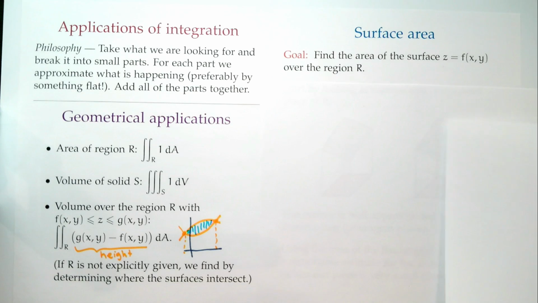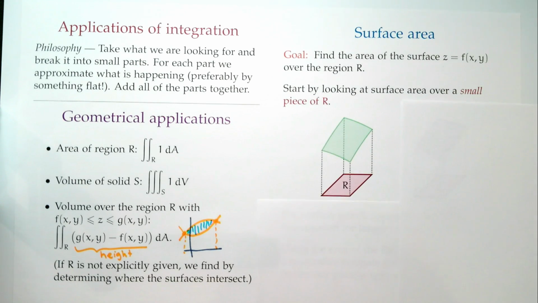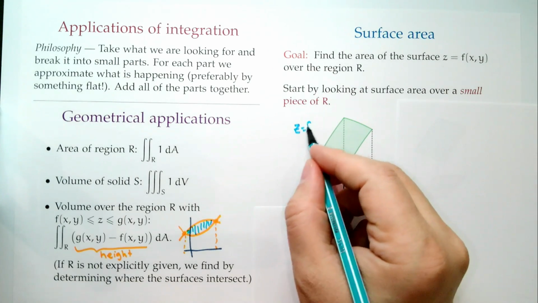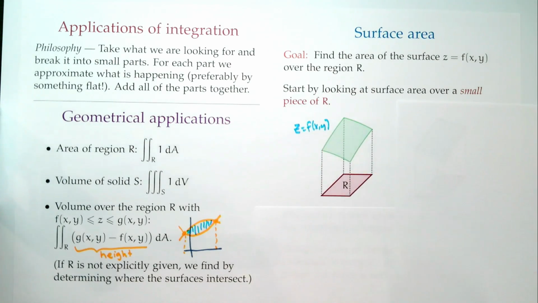All right, so how are we going to do it? Well, again, what's the idea? We start by breaking things into pieces. So I have my little bit of R on the bottom. So here, this part downstairs is in my domain. And then on the top, upstairs, I have my surface, z equals f of xy.